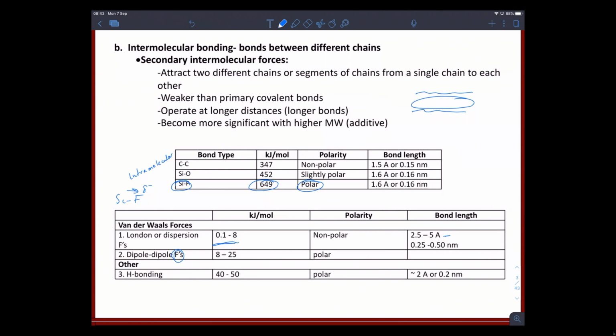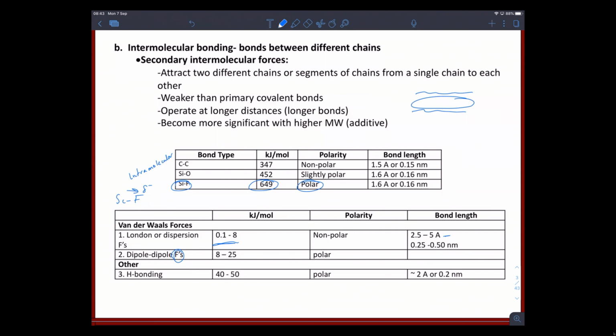Now, hydrogen bonding, as someone said in the last few lectures, I believe, is the strongest form of intermolecular forces. It's very polar, and it can operate over a relatively large bond strength.